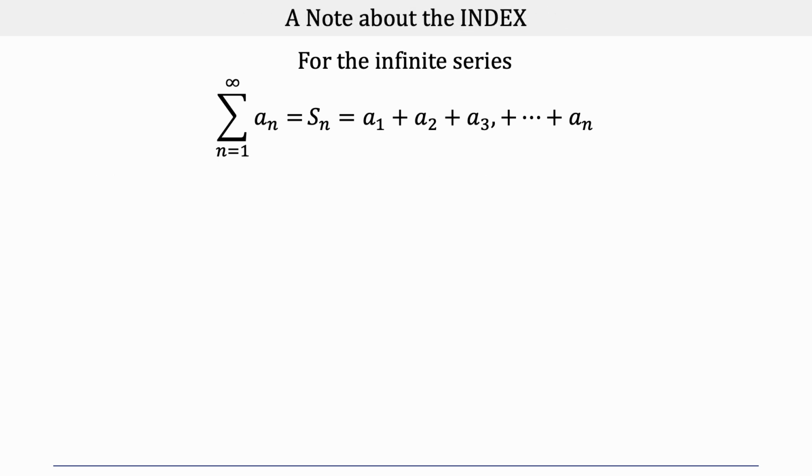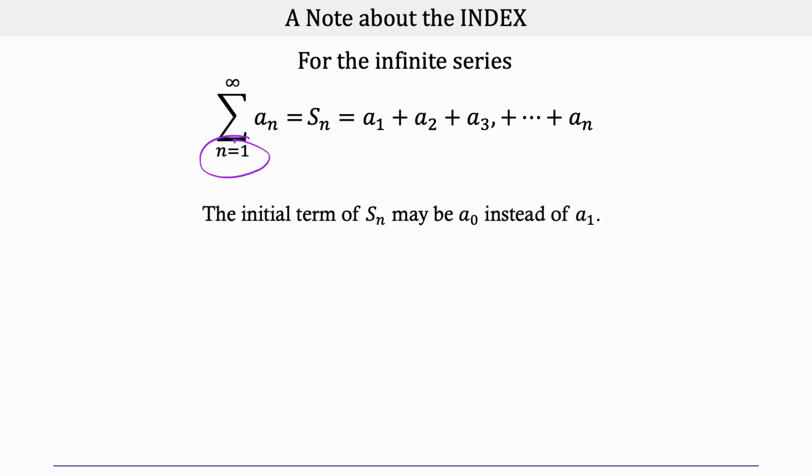A quick note about index. Here we have an infinite series, and you see that it starts at n equals 1. Now the initial term of S sub n might be A sub 0 instead of A sub 1, in which case we would have an n equals 0 index and then an A sub 0 for our first term.